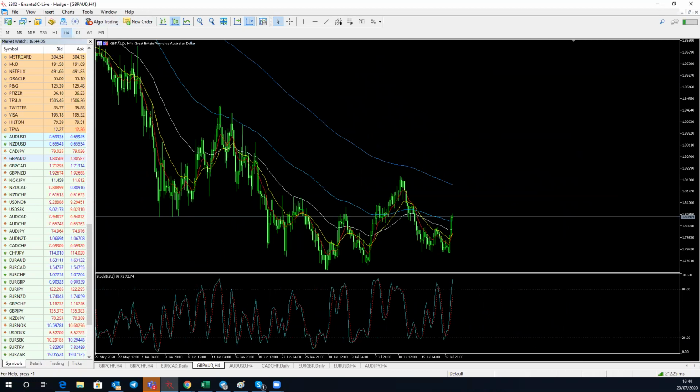Let me check on my screen as well, on the other screen. GBP AUD, yep. Up. GBP AUD. Yeah, there's a lot of movement to the upside, a lot of volume as well.